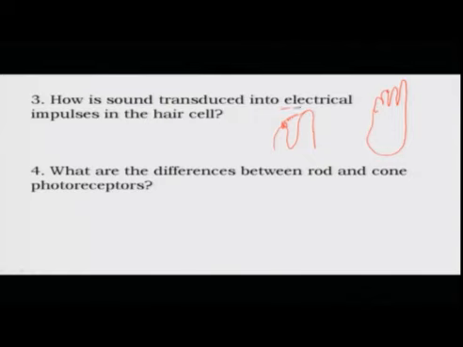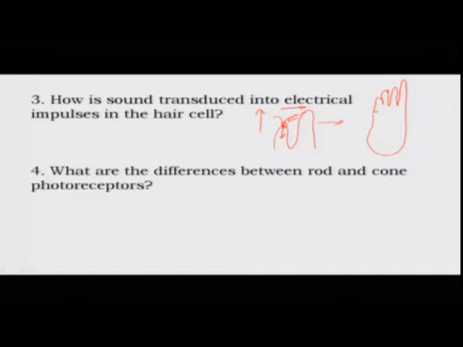When there is a displacement of these stereocilia because of the hair cell moving up towards the tectorial membrane, this displacement leads to a stretch in the spring, and this mechanical stretch makes the lid of the ion channel fly open. Ions can then come inside the cell and depolarize the hair cell. So, mechanical sound waves are transduced into electrical impulses.